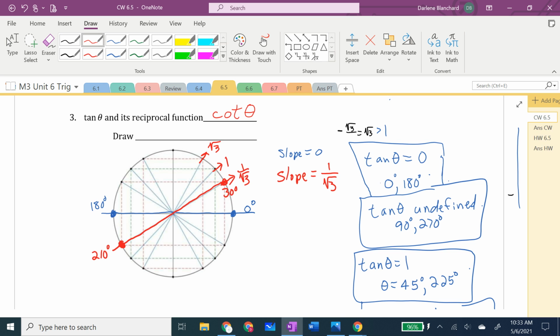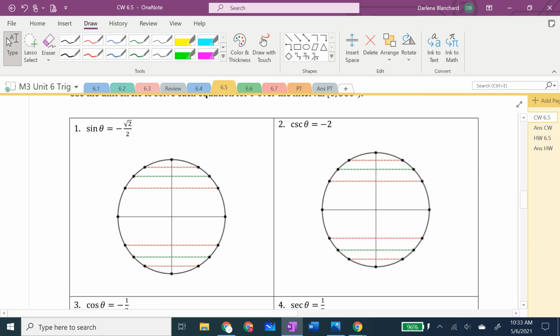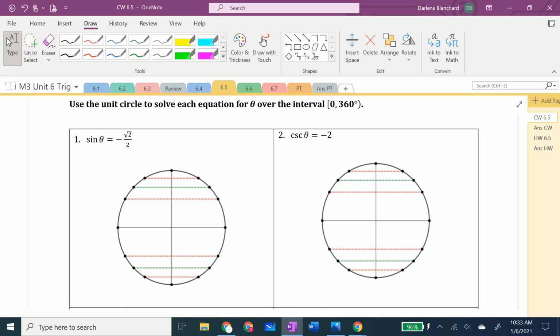And actually, I think at this point, I'm going to hold on a second. Let's just start off with, let's let tangent and cotangent go for a little bit. And now here we are. If you are given an answer to sine or cosecant, you want to be drawing horizontal lines.